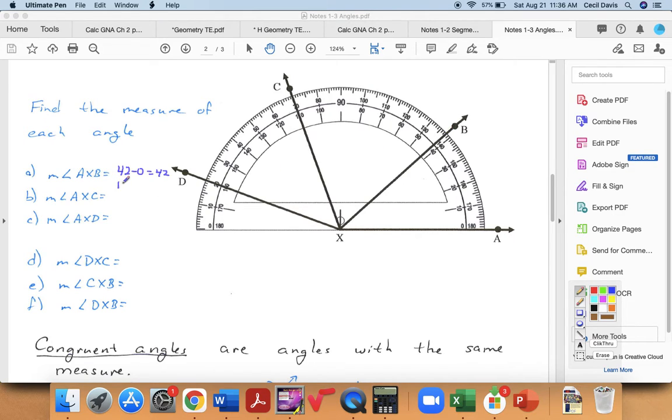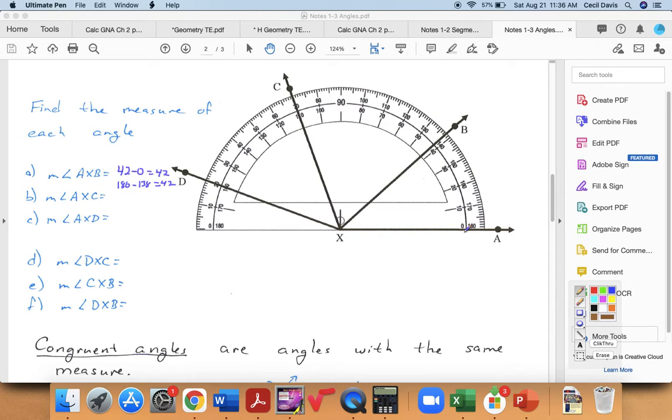So I could also do 180 minus 138 and get 42 that way. I think it's easier when something runs through 0 to use the scale that has the 0, and then it's just 42.